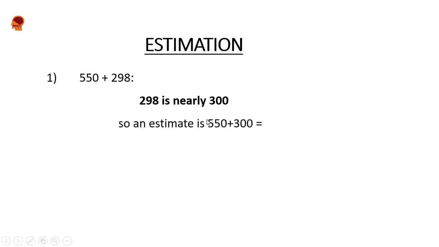Okay, now let's estimate this value before us. We have 550 plus 298. I could estimate 298 to be 300, to the nearest 100. Then I can say 550 plus 300, and that gives me 850. That is the estimated value.